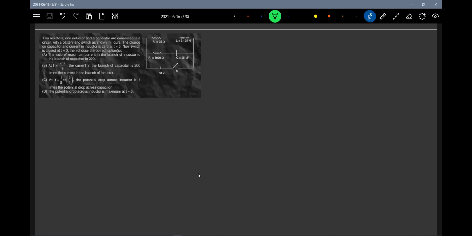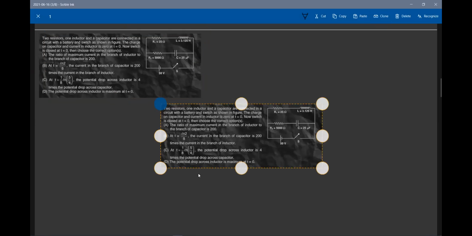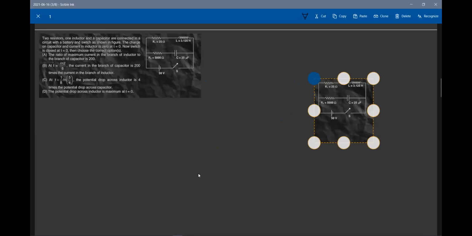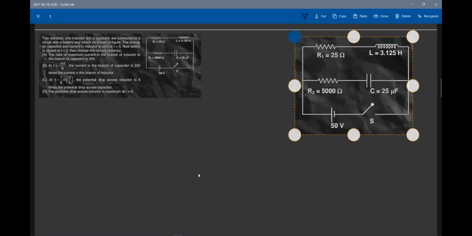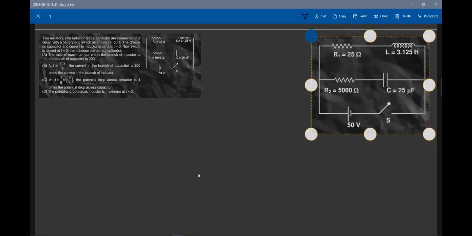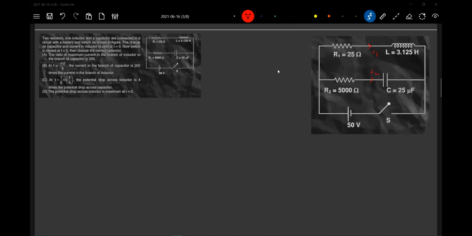Each one by one option you can. So what is the expression for current in individual branches? We will see. Okay, so I'll wait.